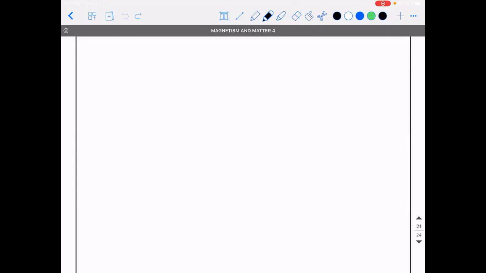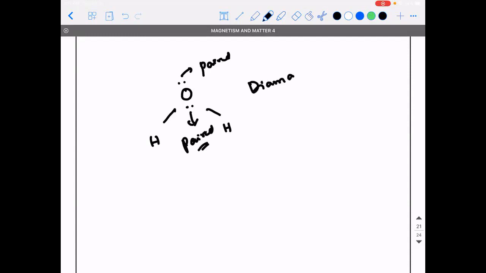For example, if you take water, so how is water written? On oxygen, you have two lone pairs of electrons, right? These electrons are paired and these electrons are also paired. So these kind of materials exhibit diamagnetism. So materials which have paired electrons exhibit diamagnetism.